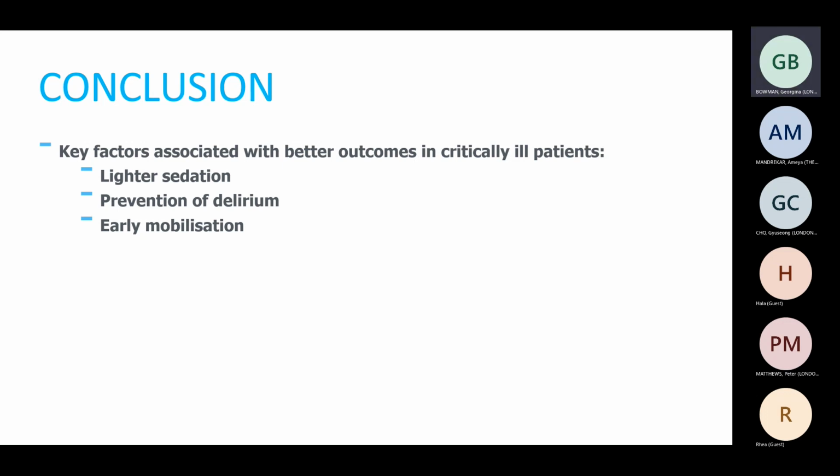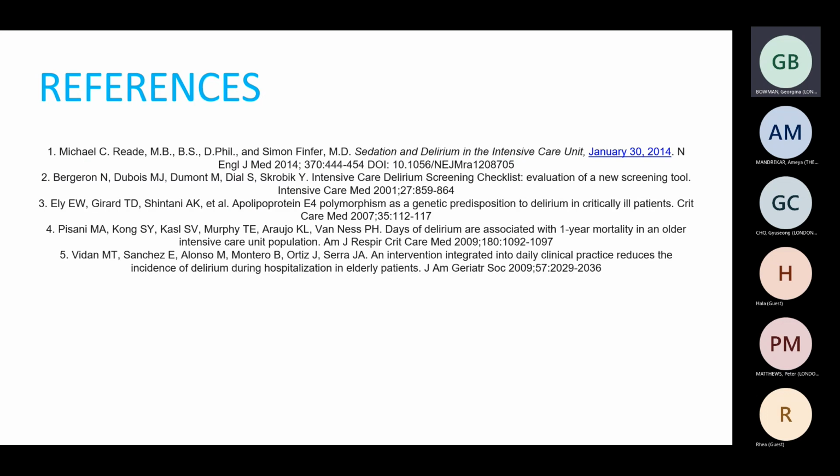It's really important to look at the prevention of delirium, what we can do, especially in non-pharmacological ways, how we can help the patient to reorientate themselves, and getting the input of the physiotherapist and the occupational therapist to help mobilize the patient early, and that can help prevent delirium as well. So I think that is it. If anyone has any questions?